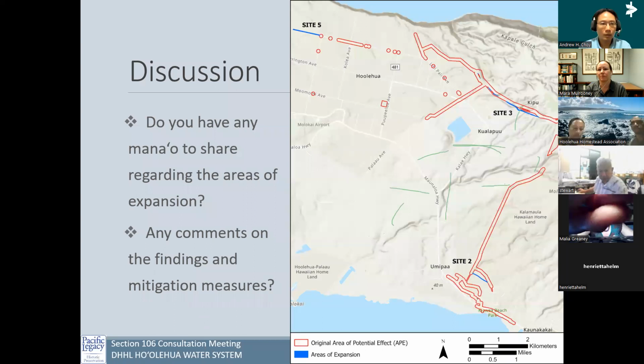And basically those serve the system. So there are some improvements being made to the booster pumps that will feed the upper tanks in Olehua and the tank that will then feed Kalamaula.